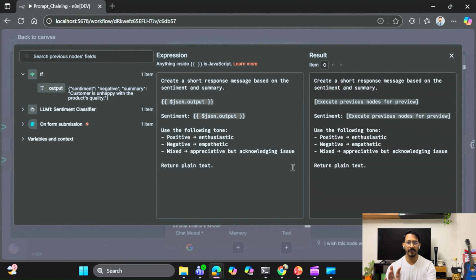And now this is where things change. I'm giving a specific task to this LLM, saying that if the feedback is positive, your tone should be enthusiastic. If it is negative, it has to be empathetic, and if it is mixed, you have to be appreciative but acknowledge the issue. So this is another subtask that I have asked LLM2.